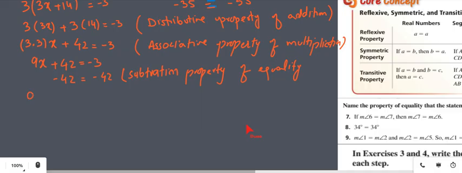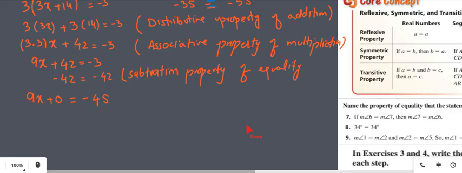Now it will become 9x. What is 42 minus 42? It is 0. While doing it quickly, I forgot to write that property. Then what is 3 minus 42? The result is negative 45, right? Now, what is 9x plus 0? 0 is the additive identity of real numbers.